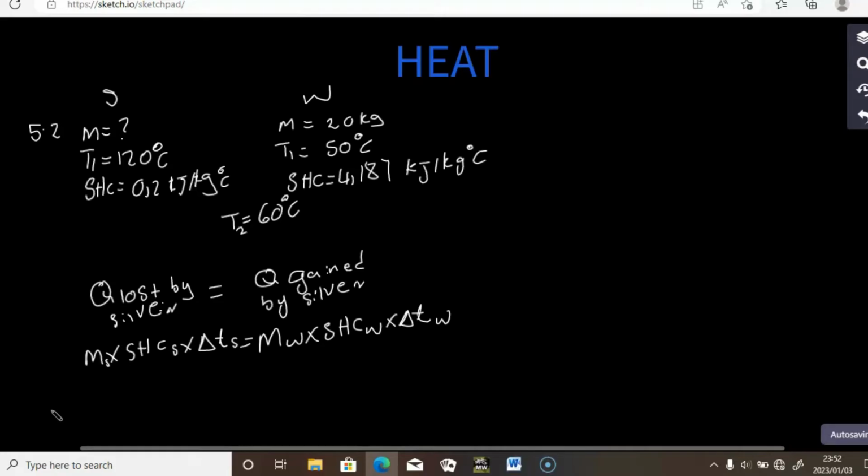So we're looking for the mass of silver, which is MS. We're going to substitute the other values.